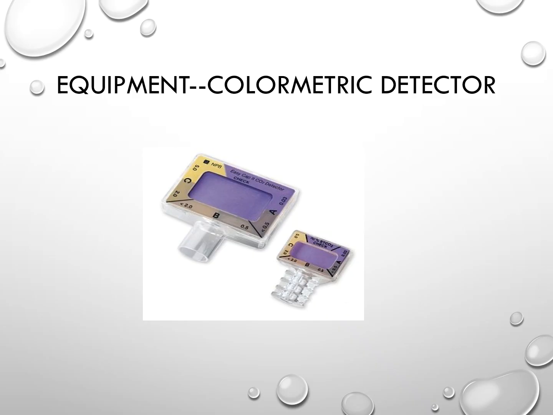So as far as the equipment goes, there's an abundance of equipment and supplies that are used in order to do capnography. One of the more traditional, primitive, older types of supplies and equipment is a colorimetric detector.